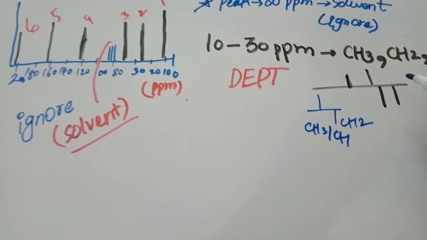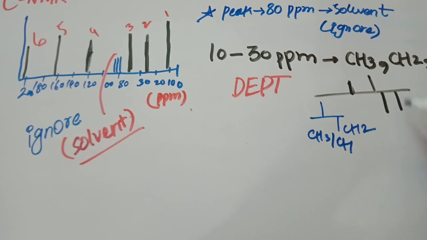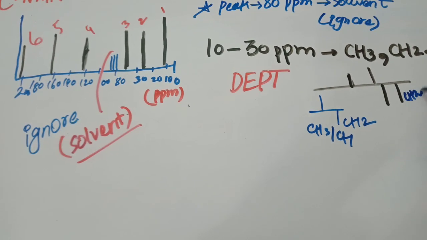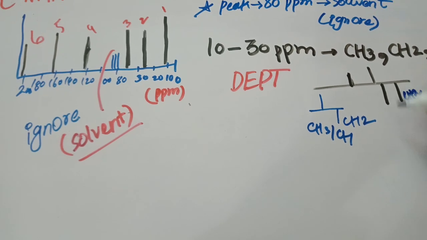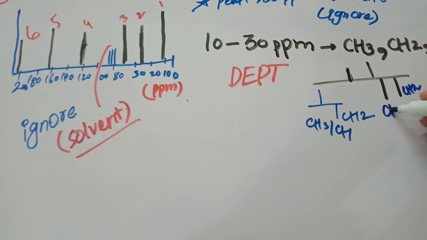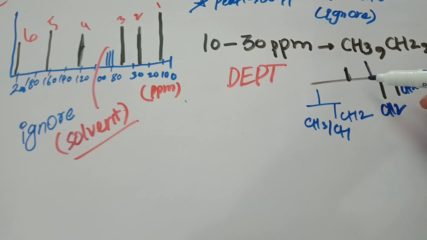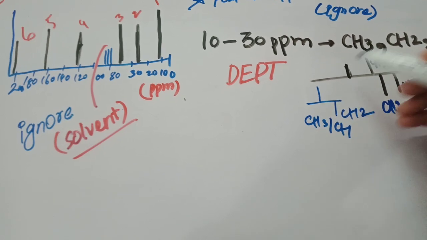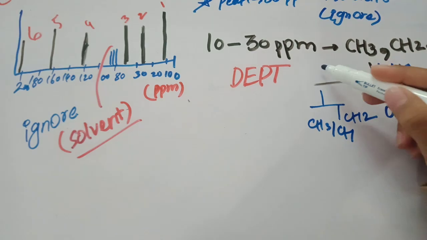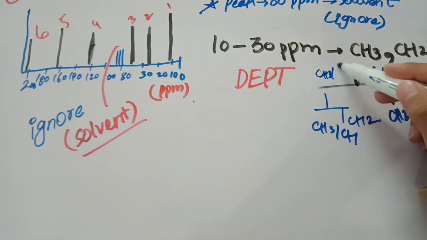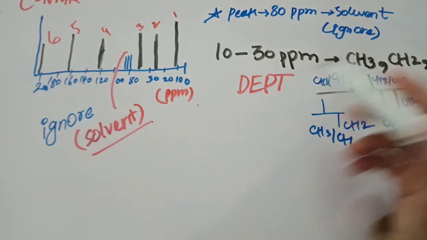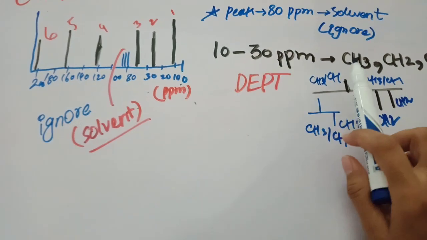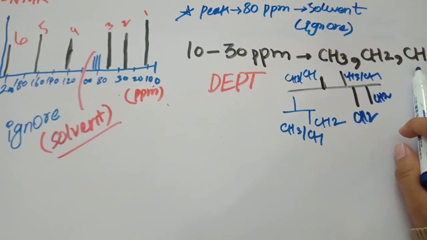So in the DEPT spectra, the peaks present below are CH2. If a peak is also present below the line, it is also CH2. The peak present above the line will be either CH3 or CH. So from 10 to 30, we basically have CH3, CH2 or CH.